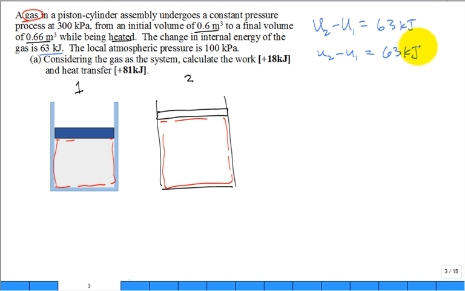Now, somebody says, sometimes I see this cap U, sometimes I see the lowercase u. What's the difference? It's divided by mass. It's either the specific internal energy or just the internal energy. You can tell by the units. If they give you the units of kilojoules, that's cap U. If they give it kilojoules per kilogram, that's lowercase u, specific internal energy.